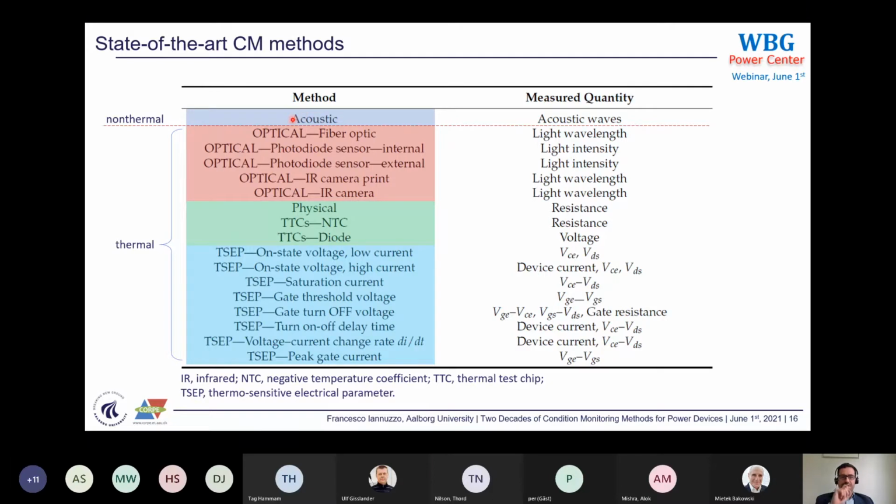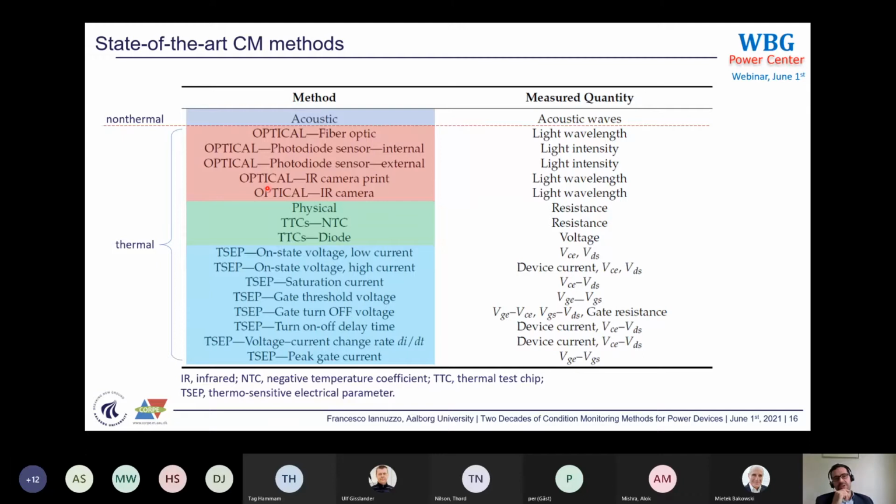Just to roughly classify the thermal methods, I put 3 main categories. The first one is optical, very promising, and the reason is obvious: you don't have galvanic contact. You have intrinsic galvanic isolation, which is very much demanded, because you don't want to affect your power electronics reliability because of your monitoring unit, right?